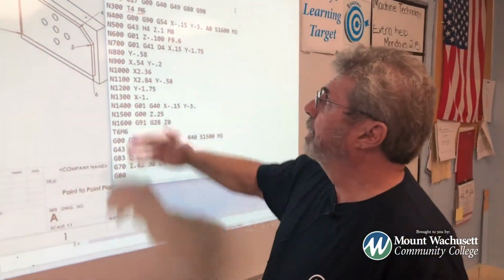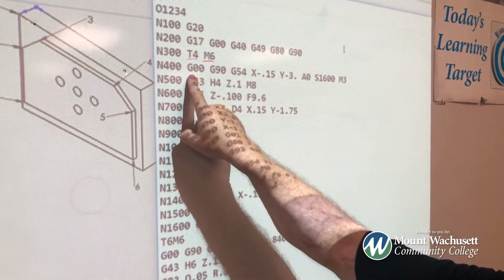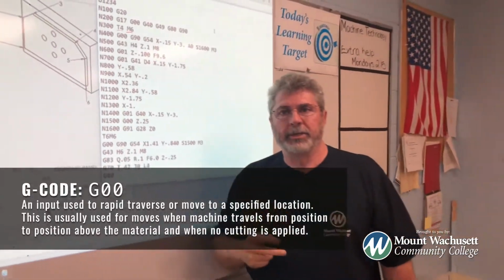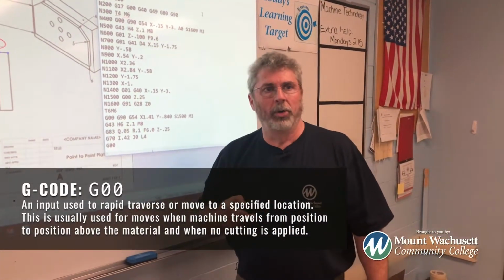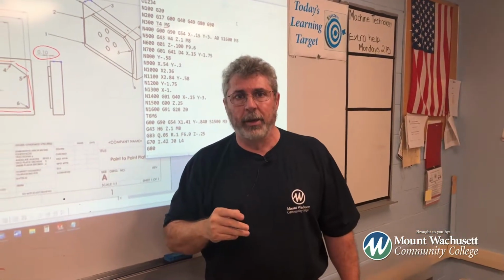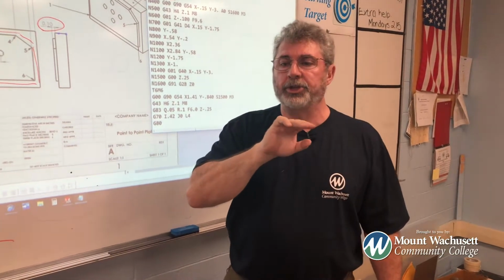Now, the next line is a very important line. G00 always means rapid. There are two ways of moving in a CNC milling machine. In rapid mode, which most machines move at a minimum of 75 inches a minute, which is very, very fast. Or G01, which says move in a linear feed rate. And linear is a straight line.